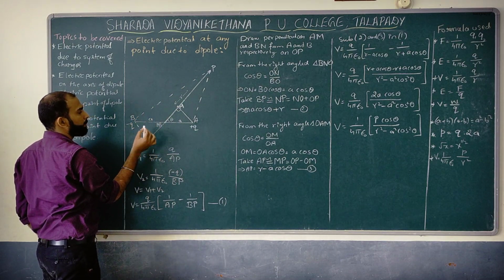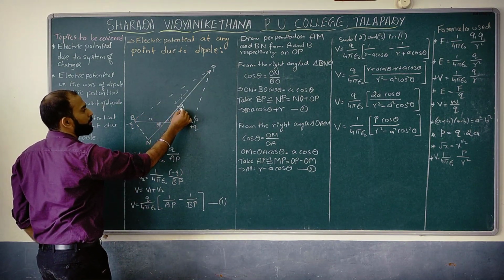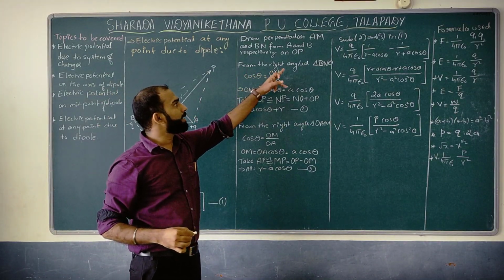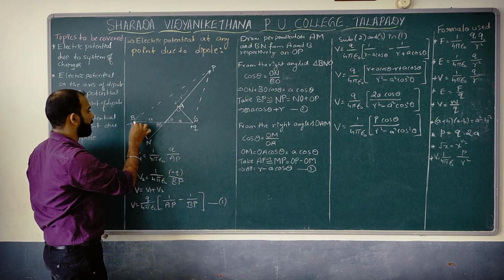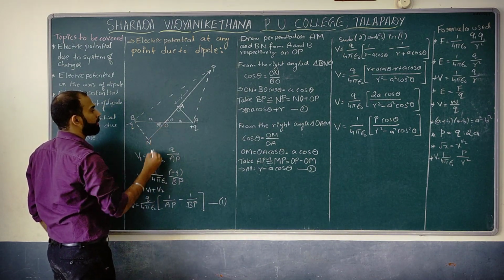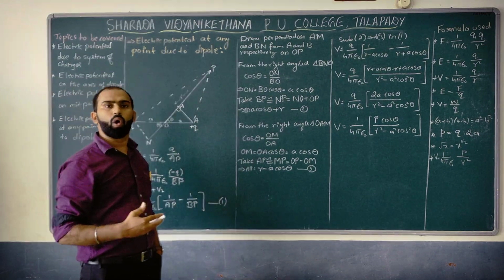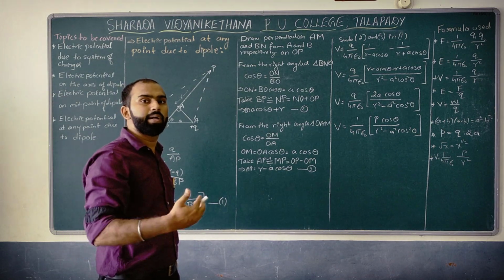So this should be the perpendicular over here. So in a right angle triangle BNO, where is the right angle triangle BNO? Let us say it is a right angle triangle. So as you know, cos theta is nothing but what? It is adjacent divided by hypotenuse.